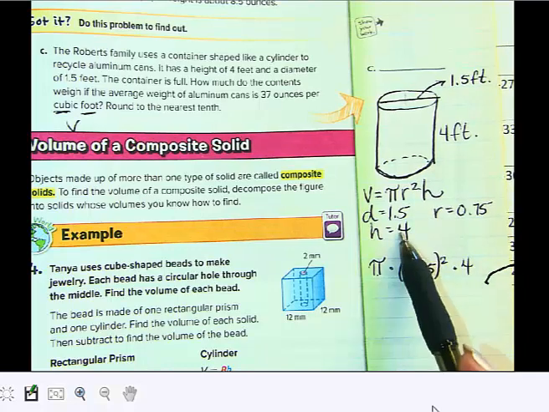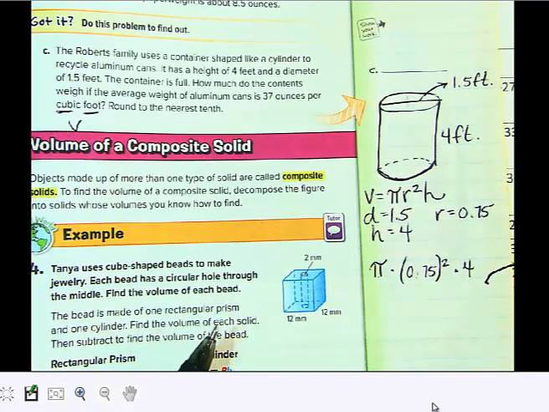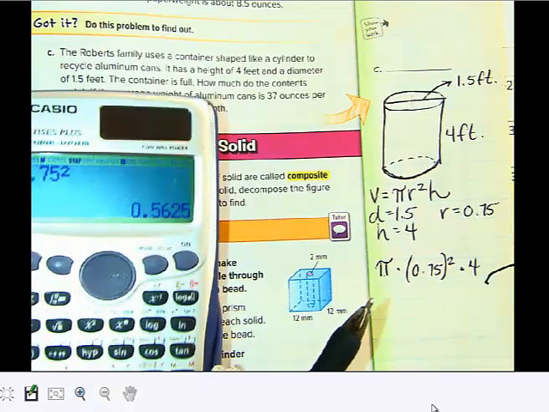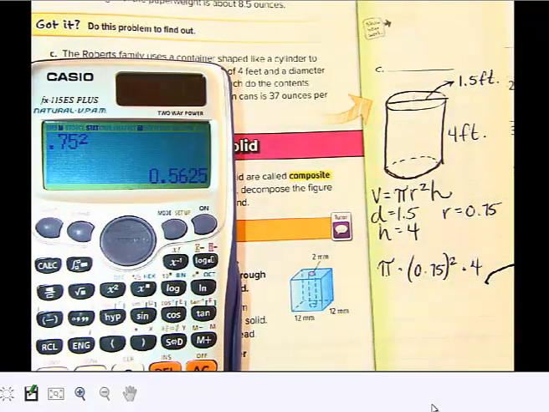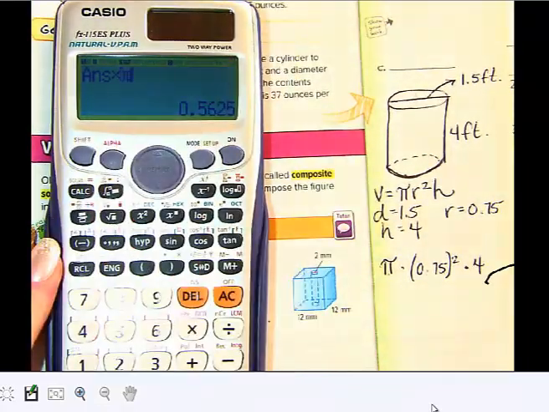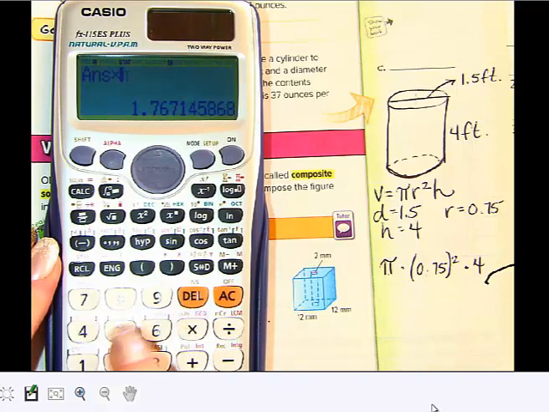So if I take 0.75 squared, I get this. Okay, now I take that times pi, and I get this, and then I take that times 4.